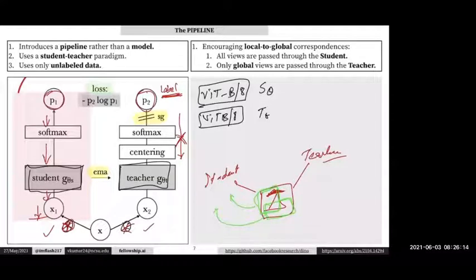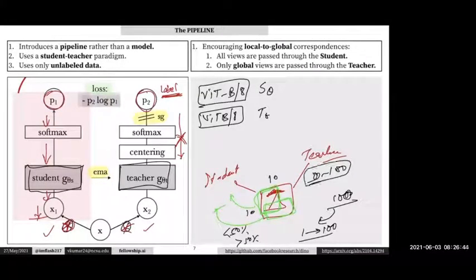For the student, you feed all the different sections you can come up with, ranging from less than 50% of the pixels to more than 50% of the pixels. But for the teacher, you always feed more than 50% of the pixels. Suppose my input image is 10 by 10, then we have a total of 100 pixels. To the student, you can feed from 1 to 100 pixels, but for the teacher, you always feed from 50 to 100 pixels.